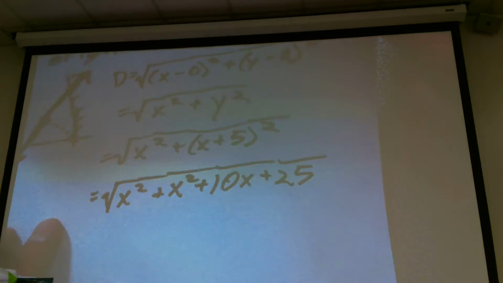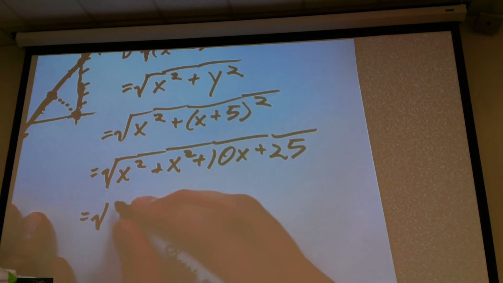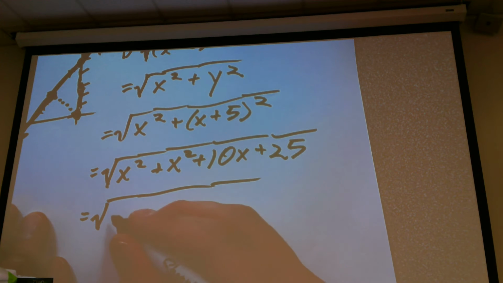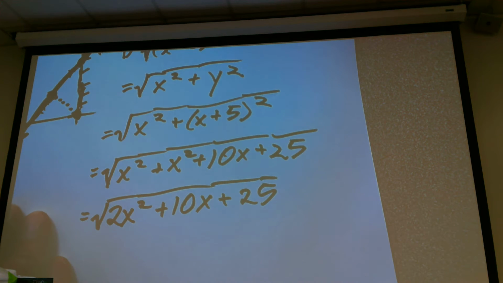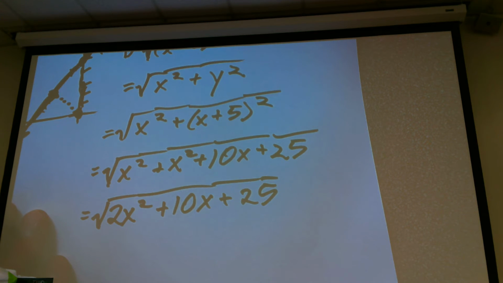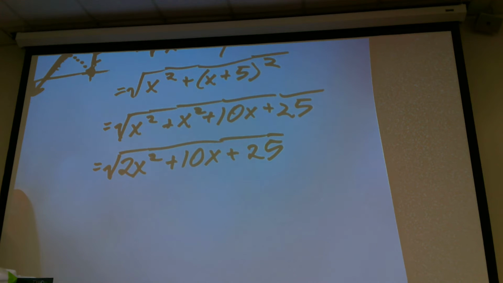You can simplify a little bit further. So that's going to be the square root of 2x squared plus 10x plus 25. We're just combining the x squareds.